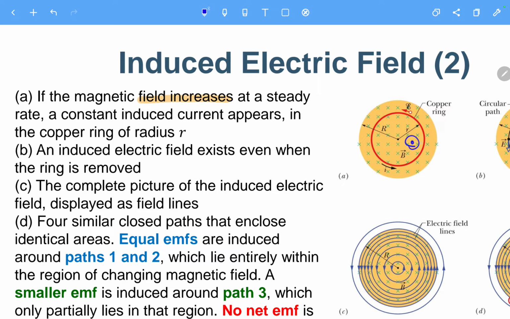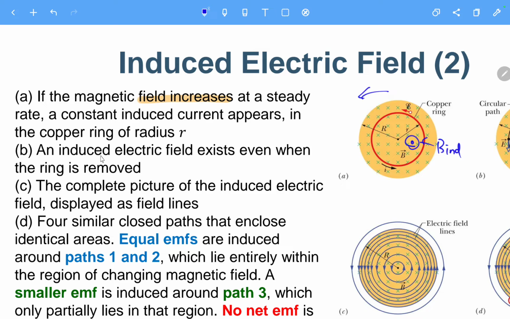Using the right-hand rule, you point your thumb out of the page, and the fingers curl counterclockwise. So this is the direction of the EMF, and also the direction of the current. The current should be counterclockwise.